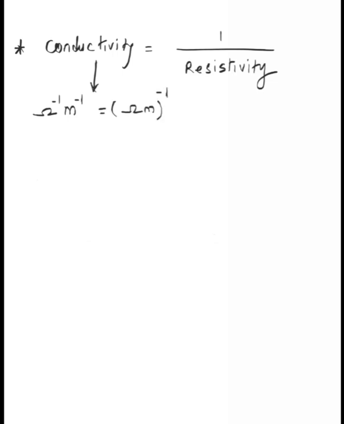Even that is okay. That's how we write the conductivity. Clear? Again, the one who has higher resistivity will not be good at conductivity. Meaning higher resistivity means lower conductivity.